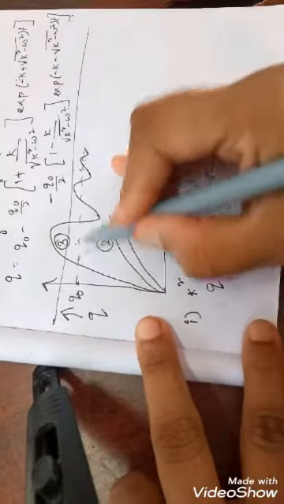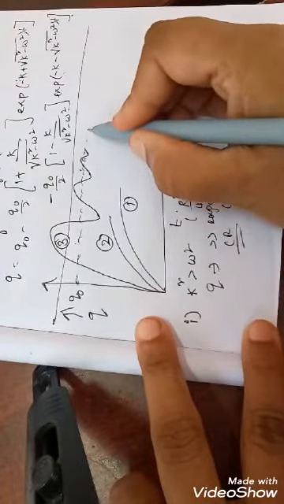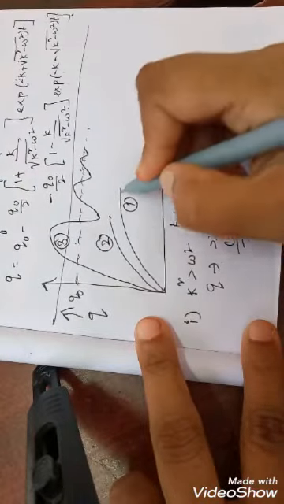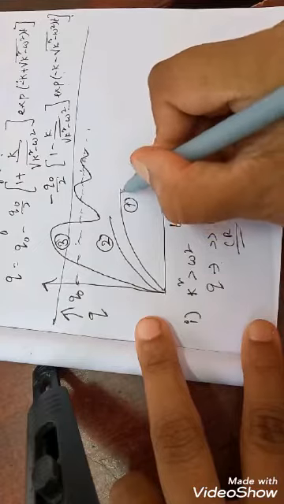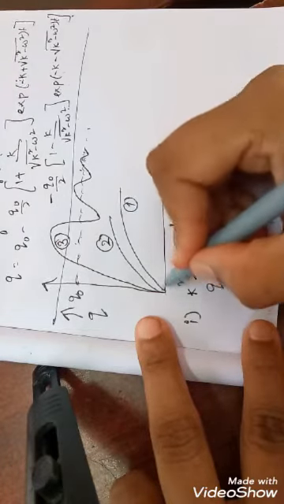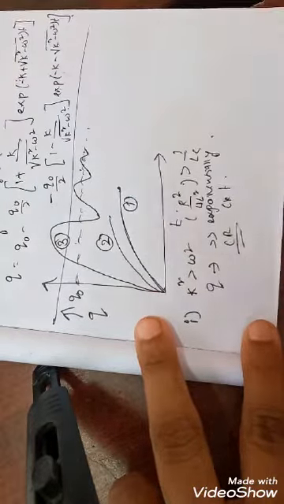If we take this as the mean position, without crossing it, immediately the charge stops. Okay, this is the first situation.